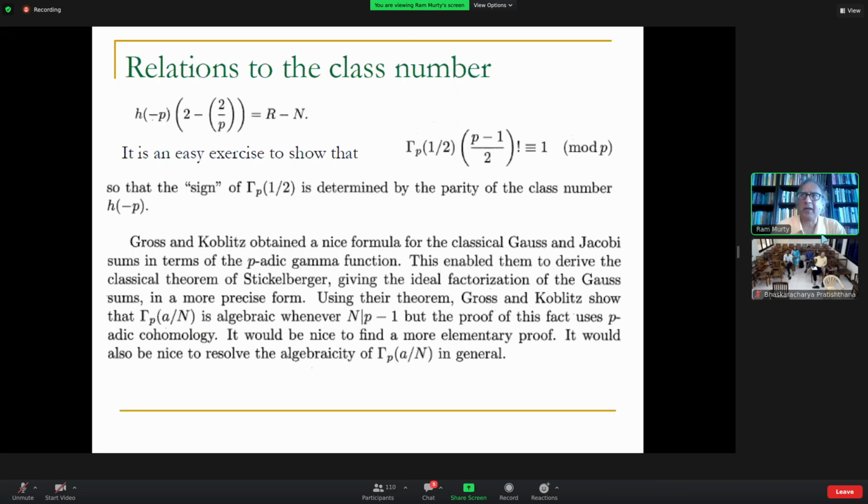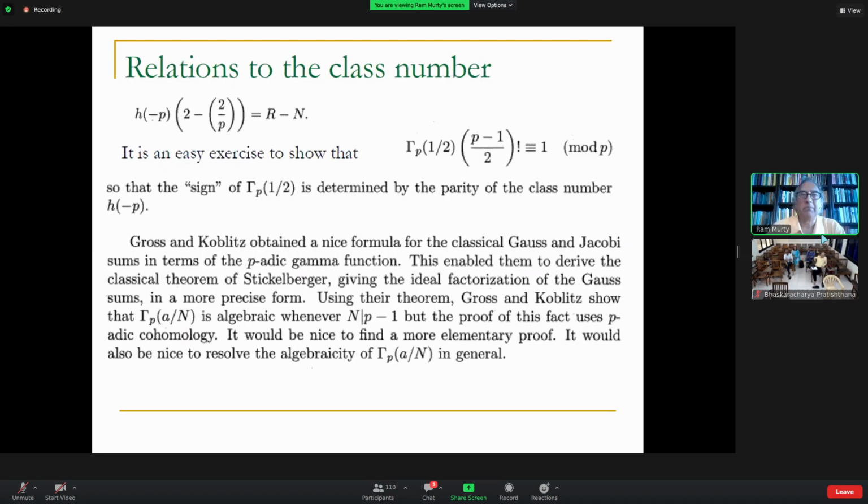So I told you that before, we had that functional equation: Γ_p(x) times Γ_p(1−x) is equal to (−1)^{L(x)}.